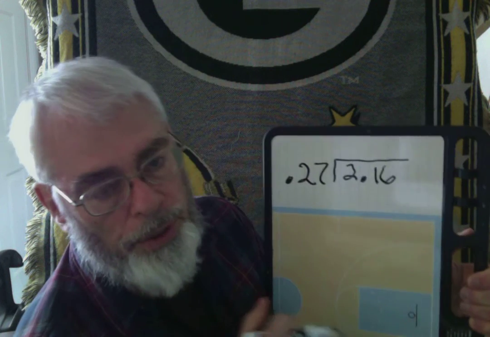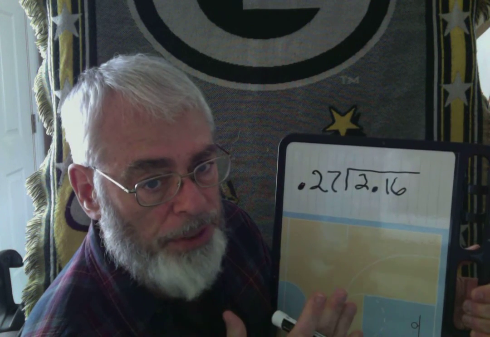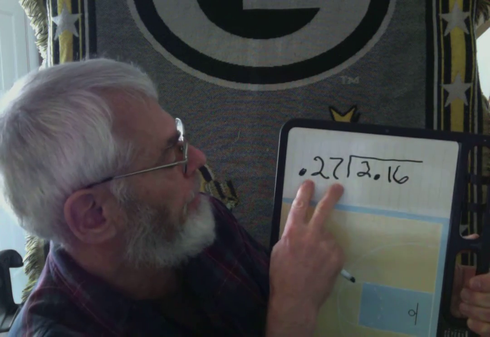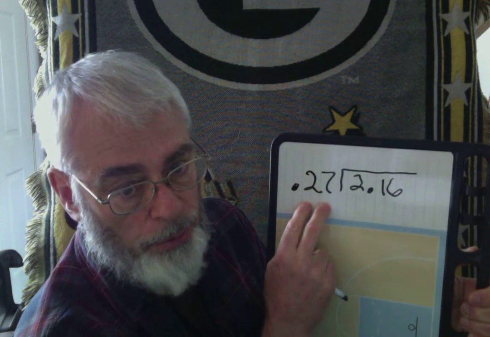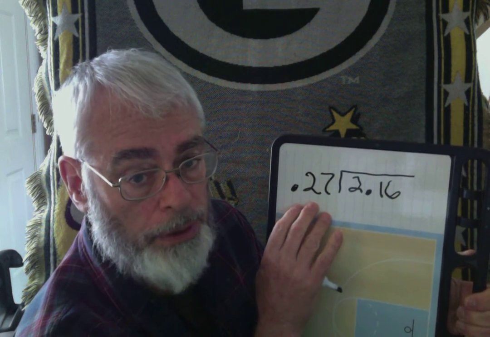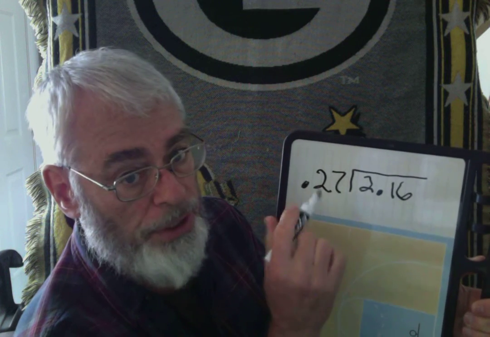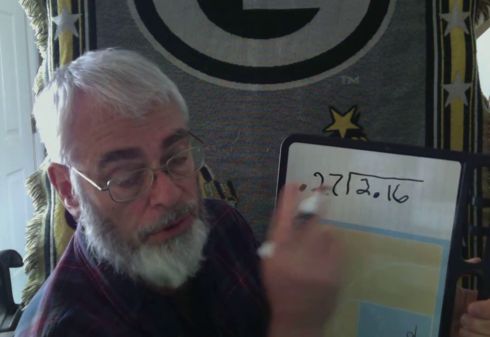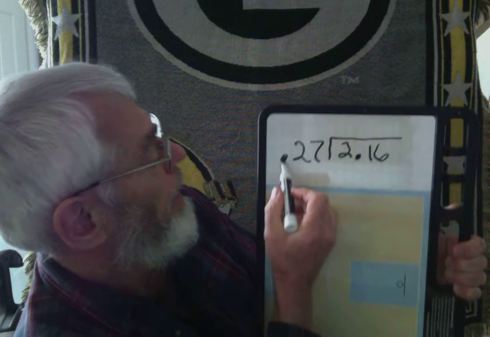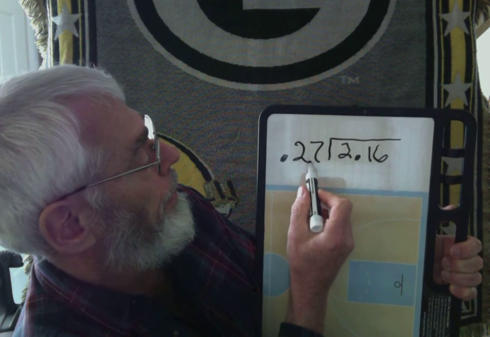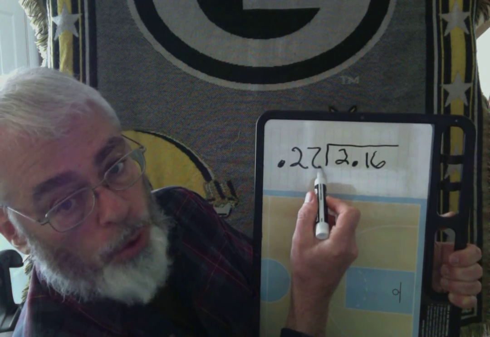Okay, and so the way we do this, we've talked about how we don't like to have division by a decimal out here. We would always like that to be a whole number. And so what we need to do is we need to move the decimal place over. We've talked about this. So we move it here and then here so that we have a whole number.